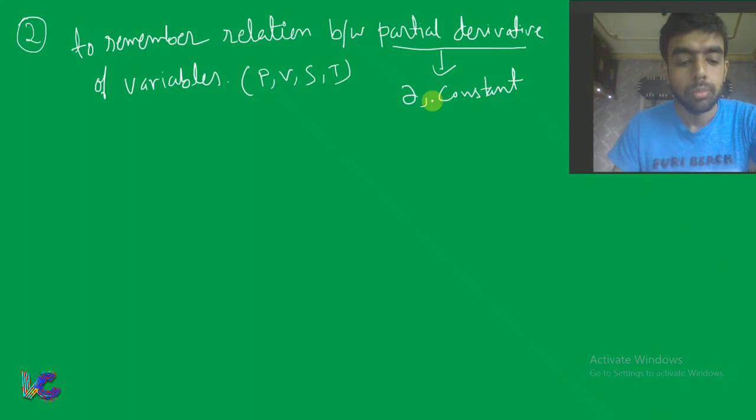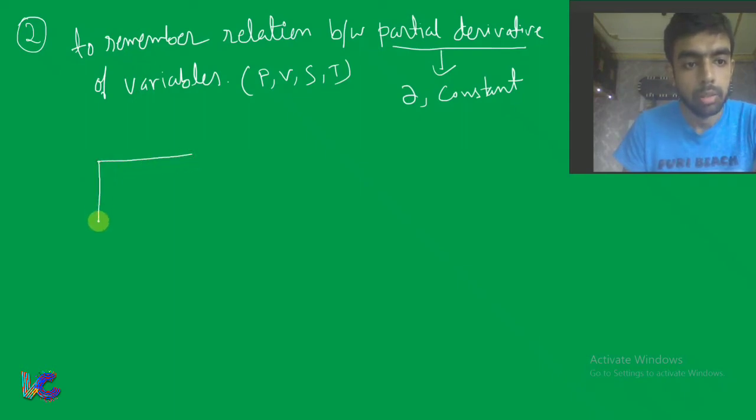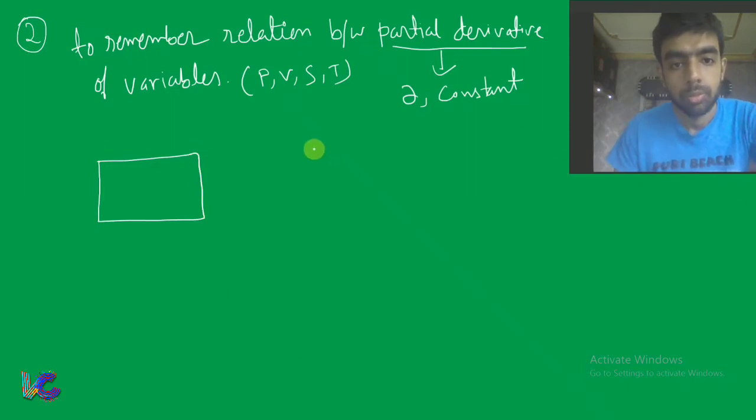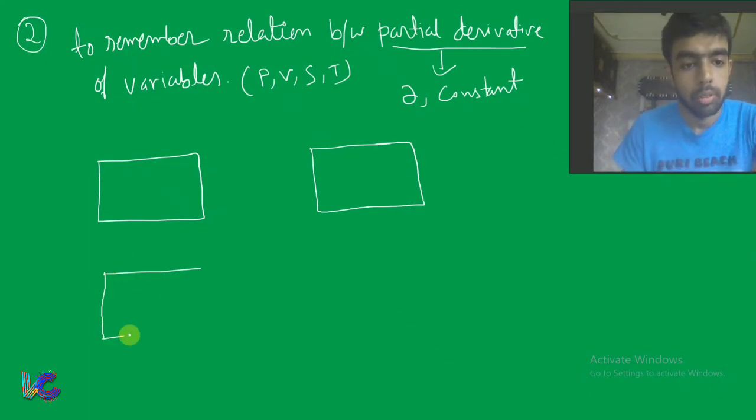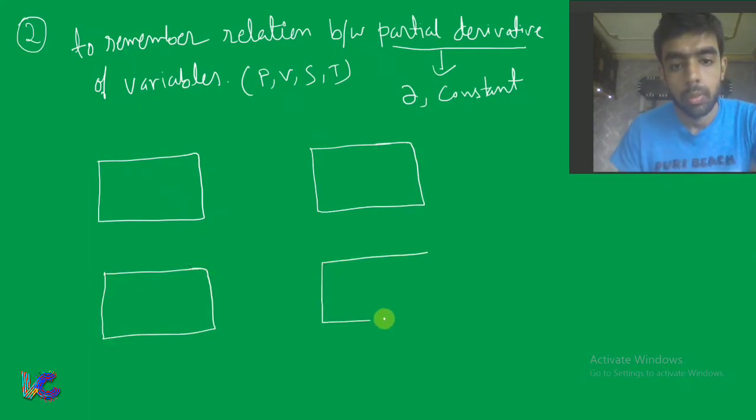Okay, so here we will also get four relations, and how will we get four relations? By drawing four kinds of arrows. So I will draw the thermodynamic square, and then I will show you how the four kinds of arrows can be drawn.